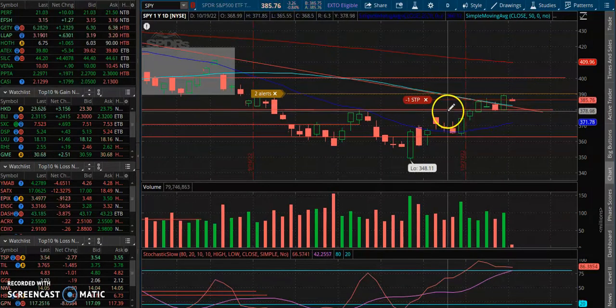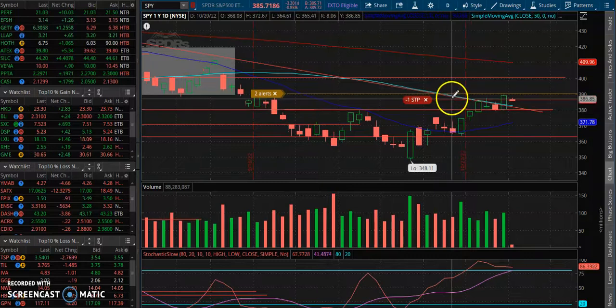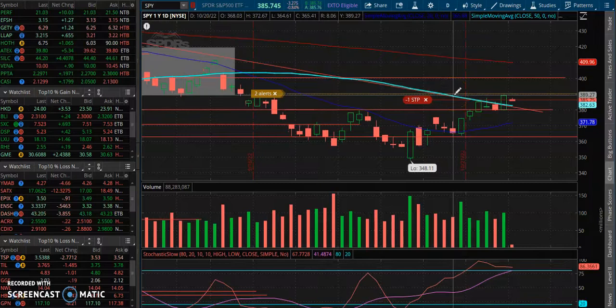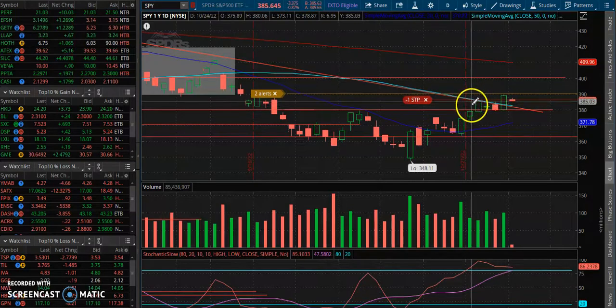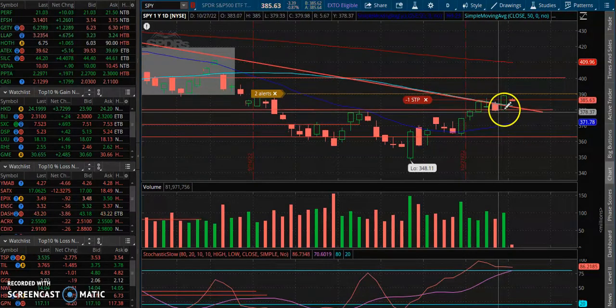With SPY, let's say 379 to 389. Did we hit 390? High 389.52. Okay, so this has been the range the last few days.